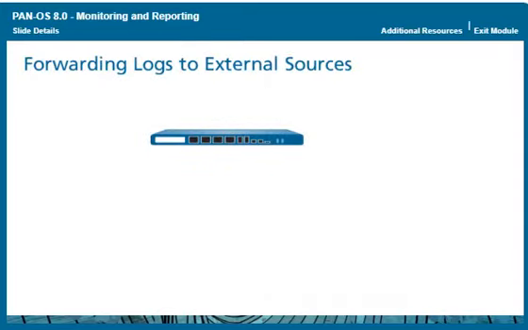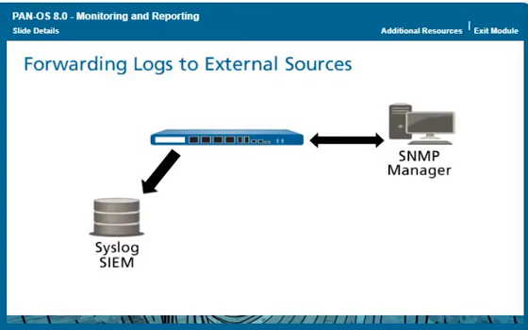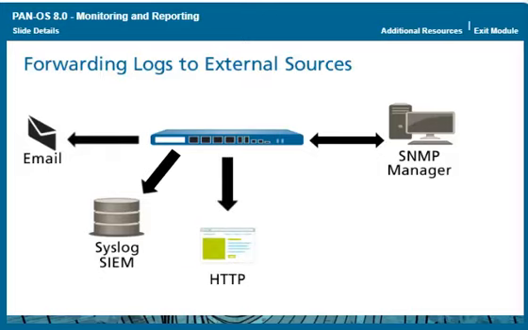The firewall provides logs that record configuration changes, system events, security threats, and traffic flows. Logs can be forwarded to a Panorama Management Server. The Panorama Management Server then can generate SNMP traps or syslog messages and send email notifications. The firewall also can forward logs using HTTP, HTTPS.